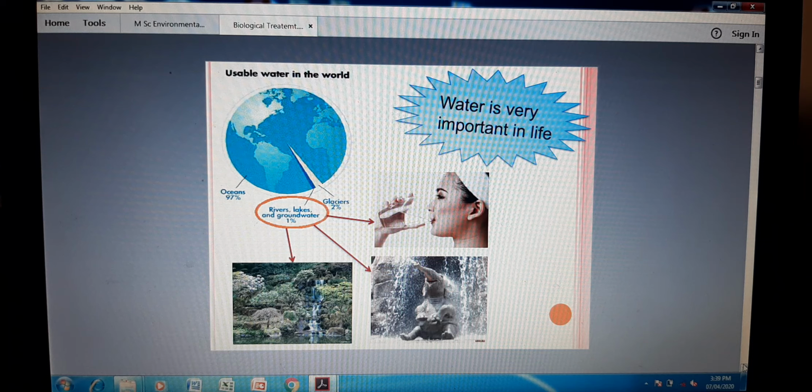The rest, 1% of water, which is in the form of rivers, lakes, and groundwater, is not in pure form, but we have to conserve that water, protect that water, treat that water, and recycle and reuse it for our day-to-day life activities.